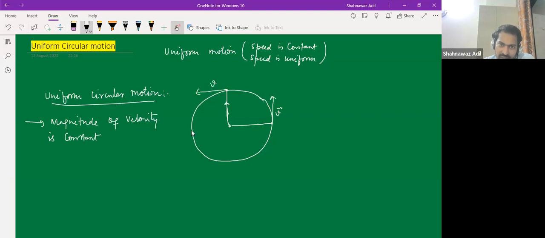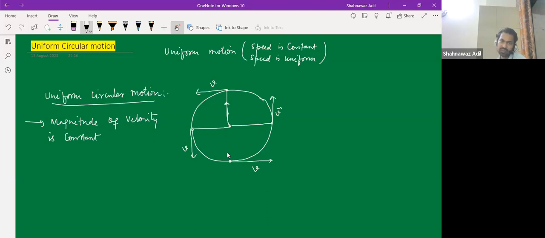At this point, this would be my velocity. And at this point, this would be my velocity. So this is the example of uniform circular motion. We can see that the magnitude of velocity is the same. What is changing in all these places?